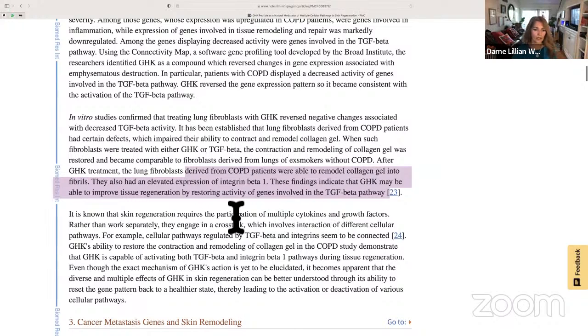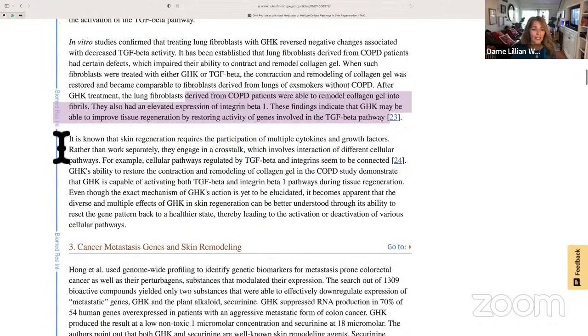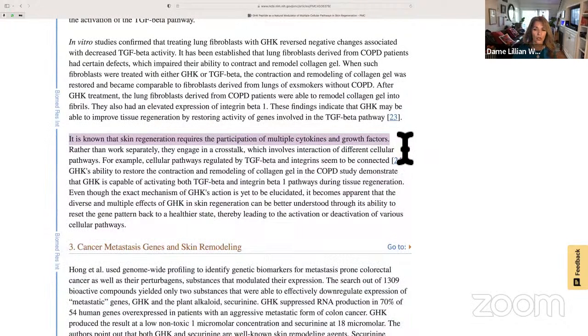Very exciting. It is known that skin regeneration requires the participation of multiple cytokines and growth factors. Rather than work separately, they engage in a crosstalk. It's like both of them are talking to each other at the same time, kind of like being on both ends of the phone.